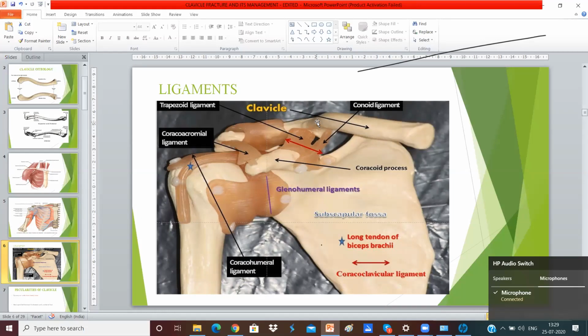So when there is a fracture here and these ligaments are also torn, because of the muscle pull, these fragments go upwards. The clavicle is held like a parachute with the coracoid process by the conjoint tendon. And in a situation when there is a rupture of the tendon also, there is a possibility of gross displacement of the clavicle.